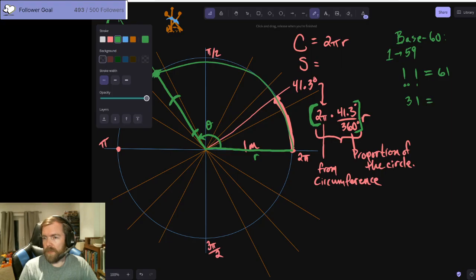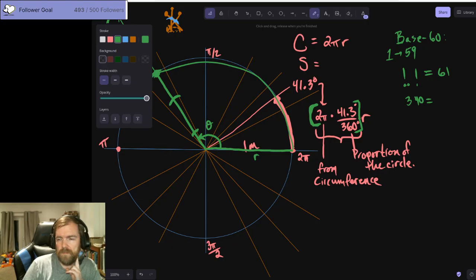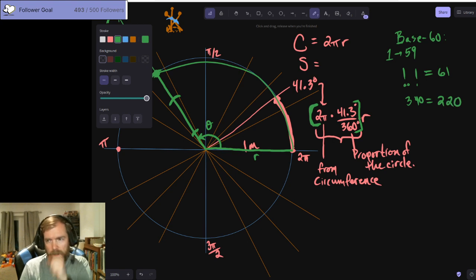31 would be 3 times 60, which is 180, plus 1. And in fact, let's do 40 here. So 3 60s is 180, plus 40 is going to be 220 in decimal.